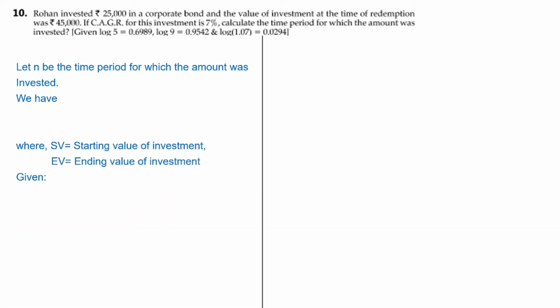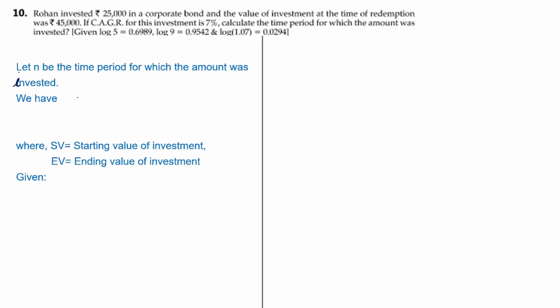So here the initial value of investment is given and the ending value of investment is given, compound annual growth rate is given. We need to find the time period for which the amount was invested. So here let us take, let n be the time period for which the amount was invested.